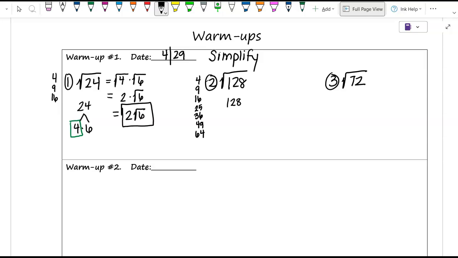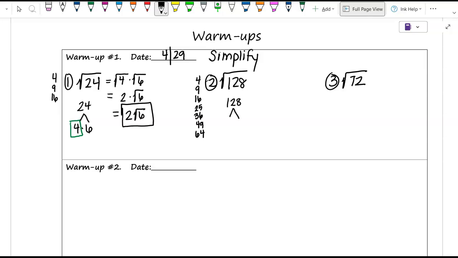It does have, I think, 4 also goes into it. I don't know if 16 does as well. Yeah, actually 4, 16, and 64 all go in there. But again, when we're looking at simplifying radicals, we're looking for that largest perfect square.